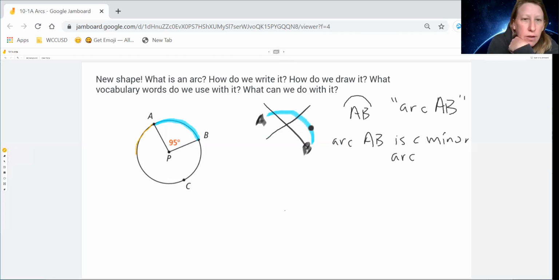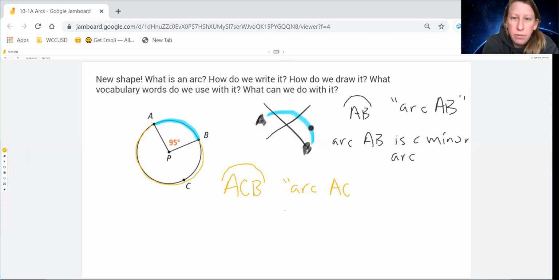What if I went from A all the way through and back to B? That's a really different arc. That's a bigger portion of the circle. So if I was going to do arc ACB, that's the other way. That is a major arc.